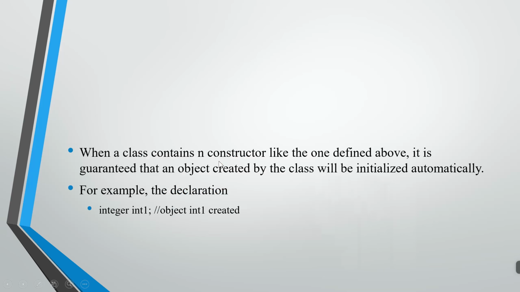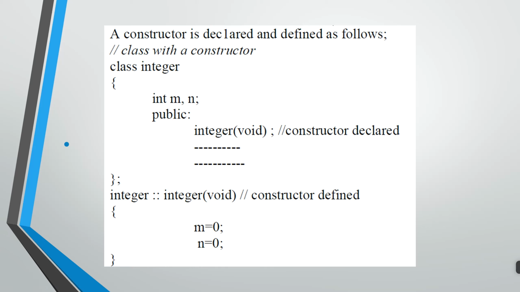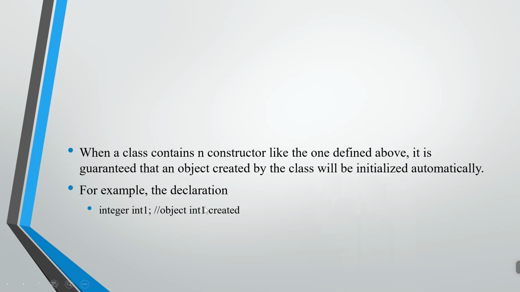So according to this, you mentioned an object called int1. So int1 has two attributes, int1.m and int1.n. So what is the value of int1.m? It is 0. int1.n, that is also 0, because they are initialized to 0 through a constructor which is called integer.